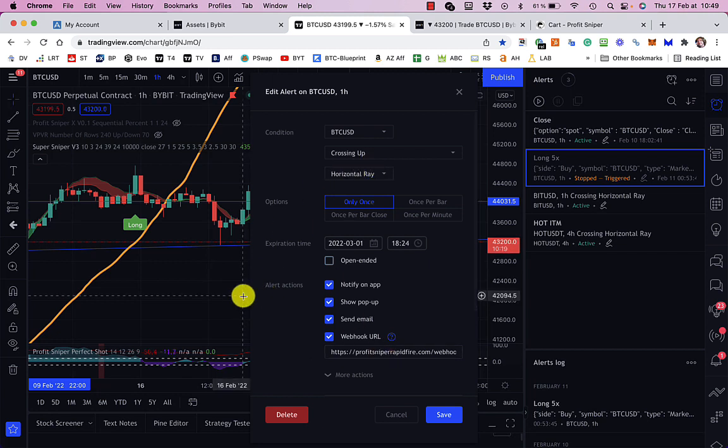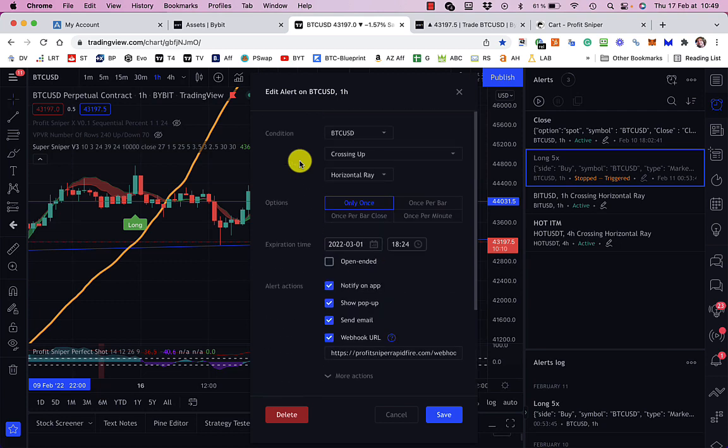Say, for example, here I had an alert set on a horizontal ray to get into a trade to long Bitcoin. I was waiting until the price went below the horizontal ray and then came back up, right? If you're actually there at the time, you can push your ray down and get the optimum bottom. So you'll see the price come back up, and when it crosses back up, it will trigger this alert.